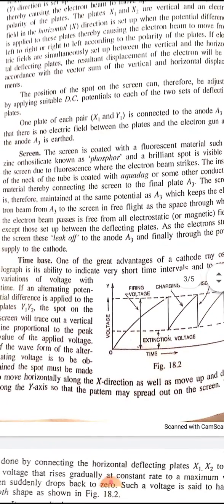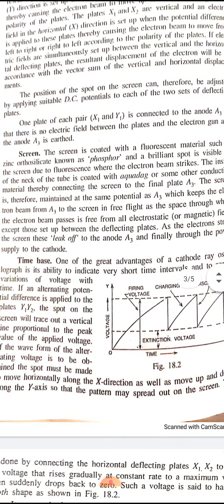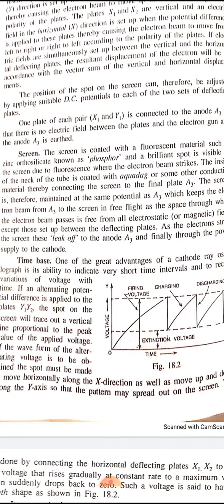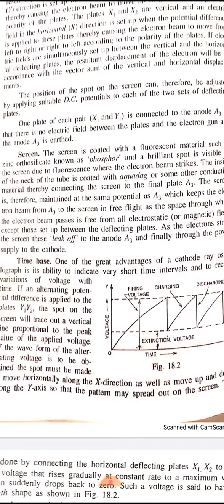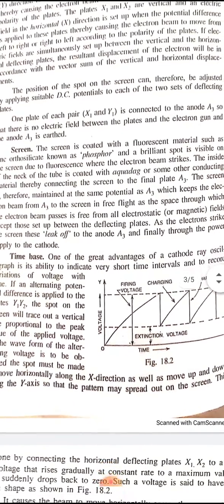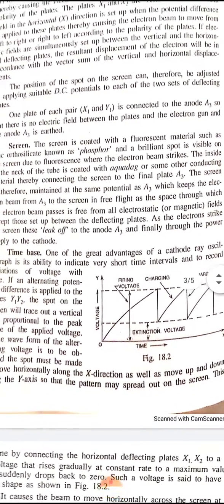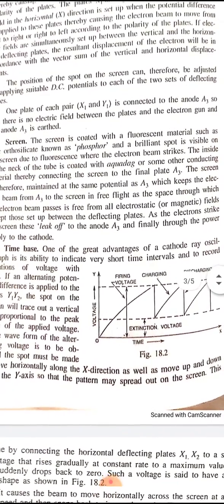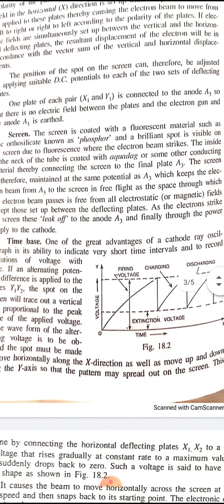If the waveform of the alternating voltage is to be obtained, the spot must be made to move horizontally along the x direction as well as move up and down along the y-axis so that the pattern may spread out on the screen.